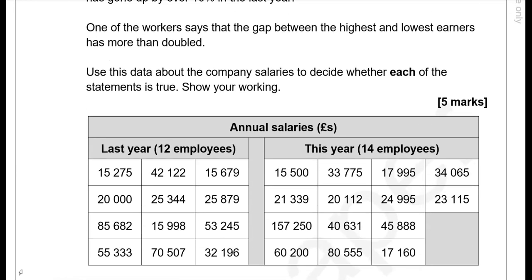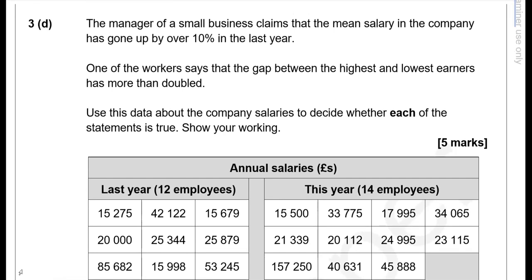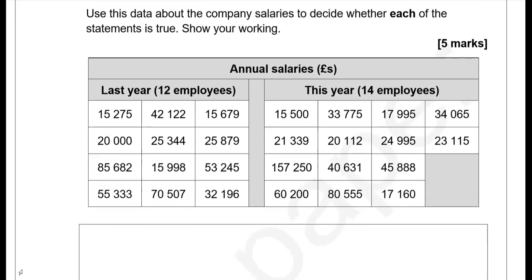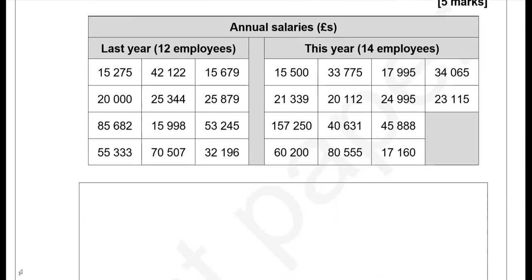So we have two statements. One of them which says that the mean salary has gone up by over 10% in the last year, and we're going to look at that first. So what we're going to do is add the amounts for last year and divide by 12, and then add all the amounts for this year and divide by 14, and then compare the means.